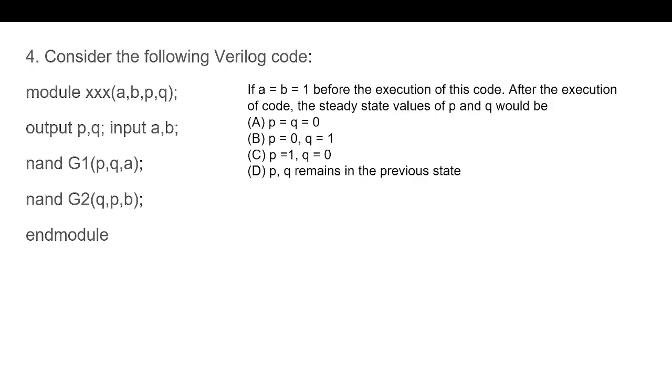And then this is the next question. I have one NAND gate whose output is P. A is one of the inputs and Q is another input.